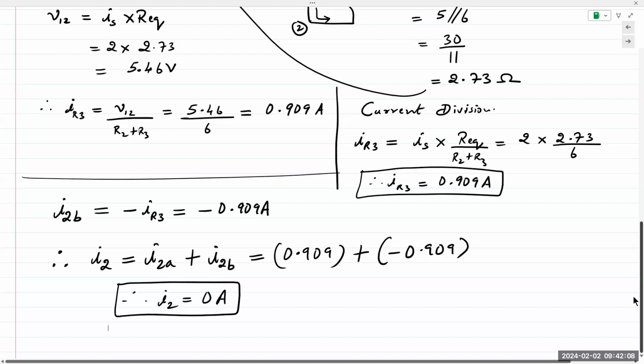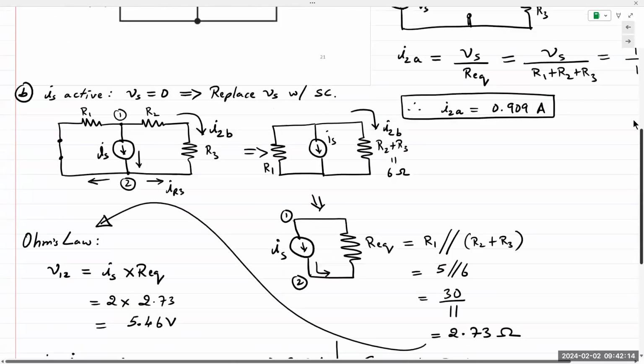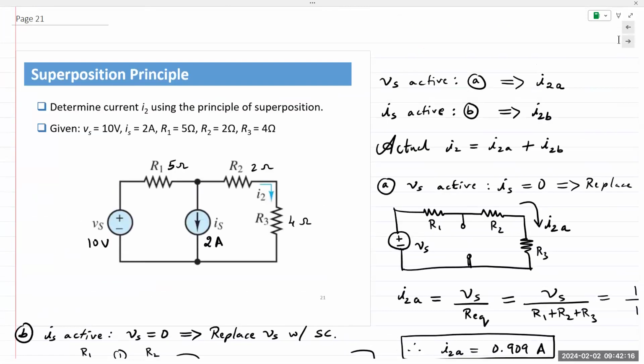Everybody understand? Does everybody understand the process, all the steps that are required? Any questions at all? And again, this is a simple circuit, only 2 sources, but you could practice with a circuit that has 3 sources or any other circuit for that matter.